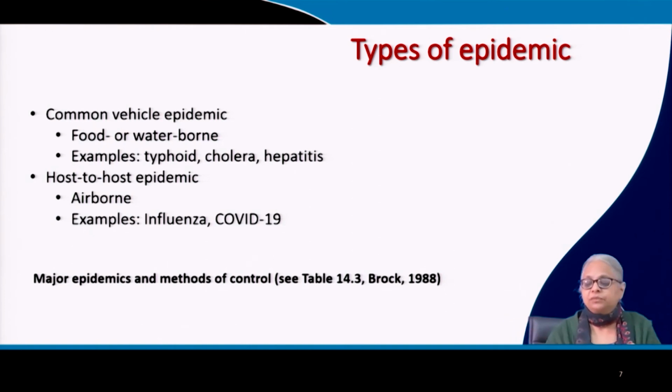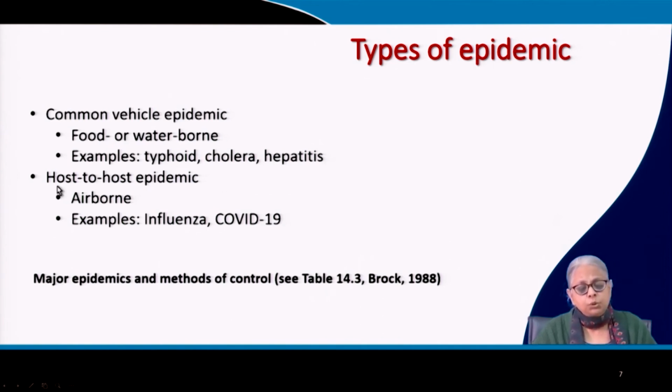The incidence of these food and waterborne diseases tends to be higher during the monsoon season, especially in areas where waterlogging happens. The simplest examples in our country are typhoid, cholera, hepatitis. These widespread occurrences of these diseases happen at that time.